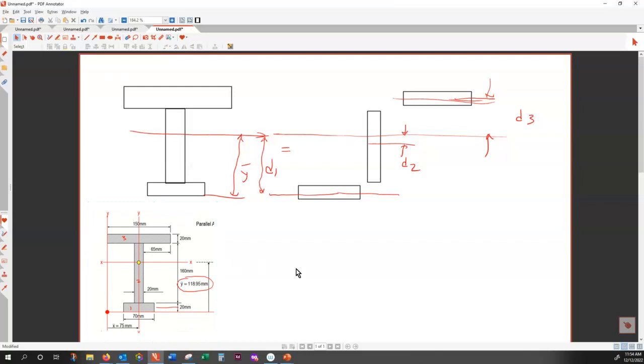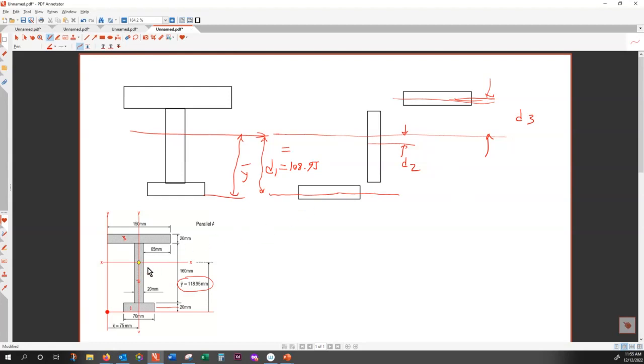So I'm grabbing all the dimensions from here. Let's find out D1. D1 is the distance between that center line and here. So I only have to subtract 10 mil from that. So D1 is equal to 108.95. Anyone having difficulties digesting that?